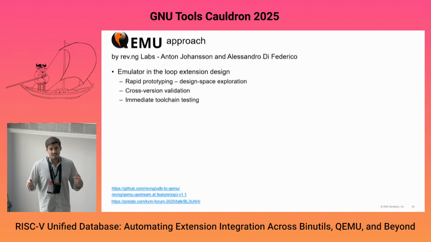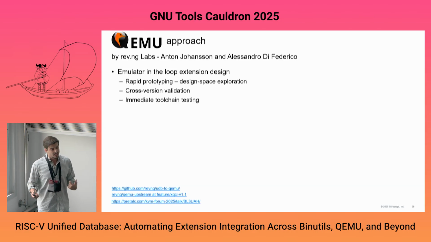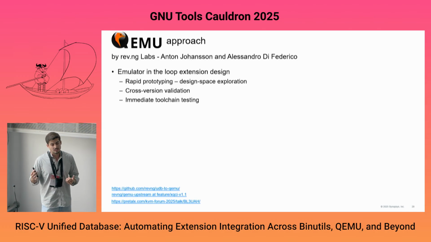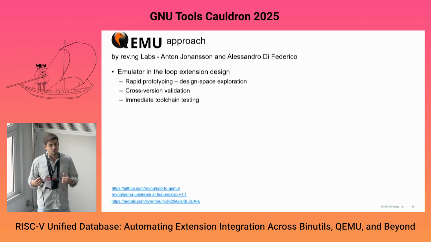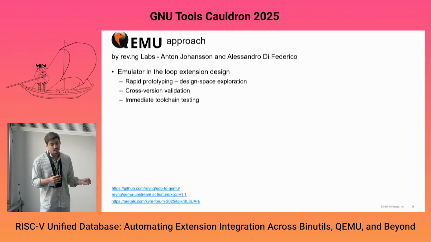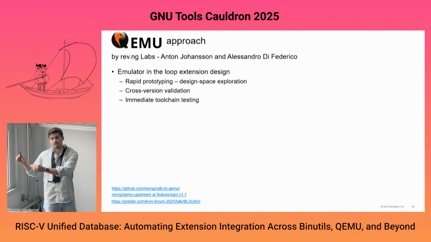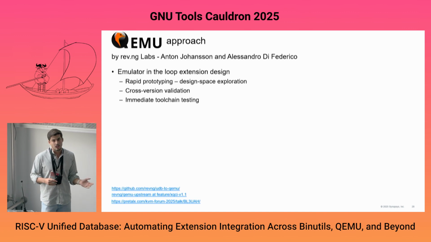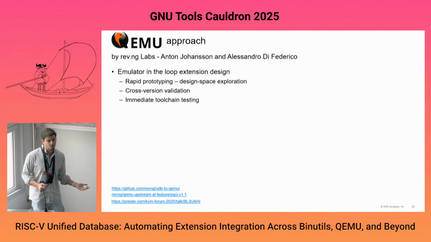What they did was they tried to achieve an emulator-in-the-loop extension design. They were helping Qualcomm write an extension in UDB and then quickly emulating that extension in QEMU, so that you could rapidly prototype and actually understand what works and what doesn't work.